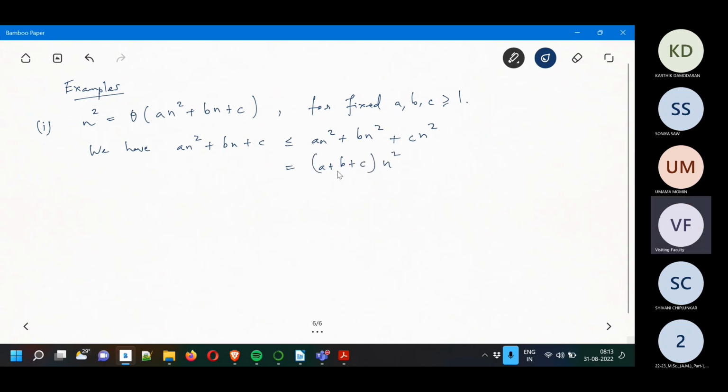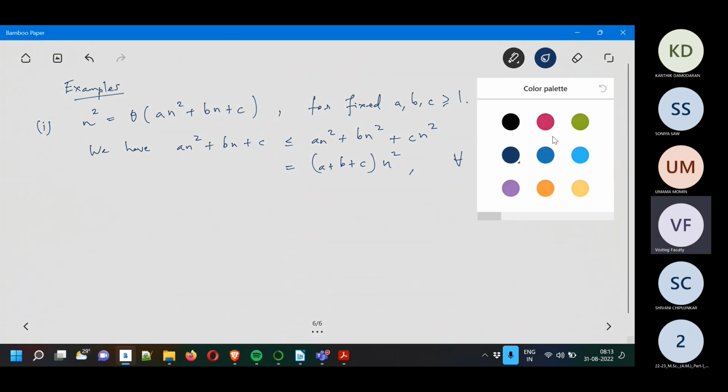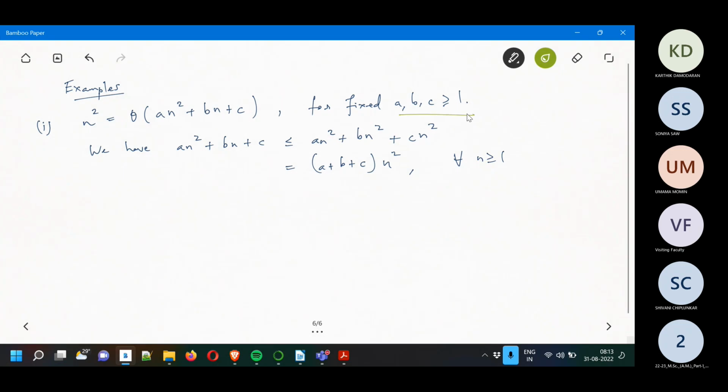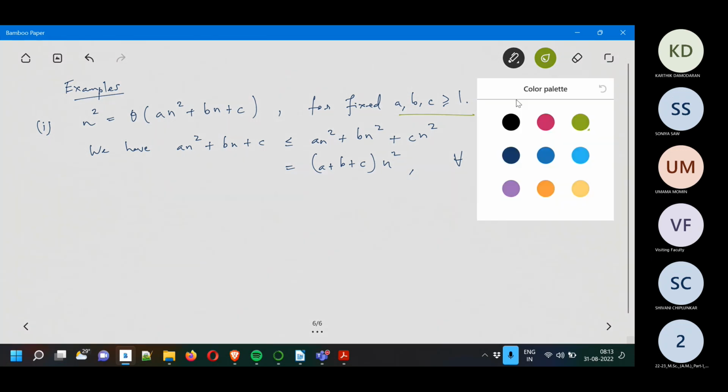Okay. So a plus b plus c is your constant for all n greater than or equal to 1. A plus b plus c is your constant because a, b, c are fixed here. Okay. Let me write it again. Constants. Fixed means constants. Right.